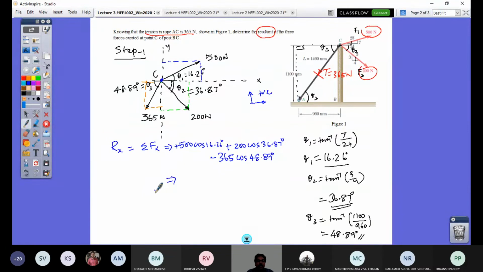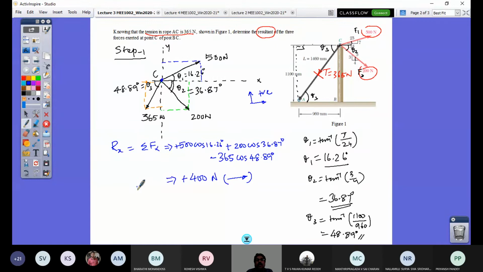So that comes out to be 400. So plus 400 Newton. And what is the direction? Since I get a plus value here, it's all horizontal force component, so it is to the right. So this is the value of sigma Fx, or resultant x component, you would say.